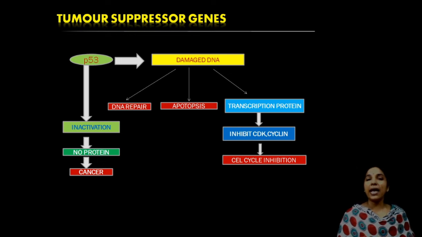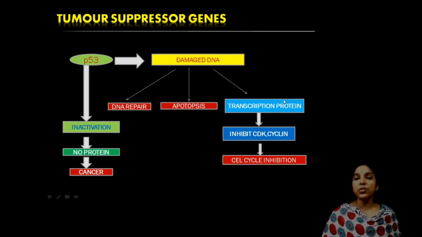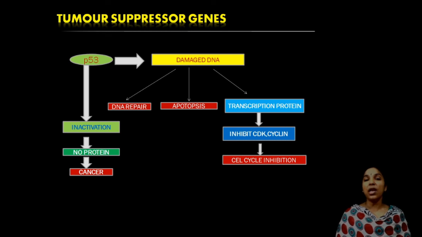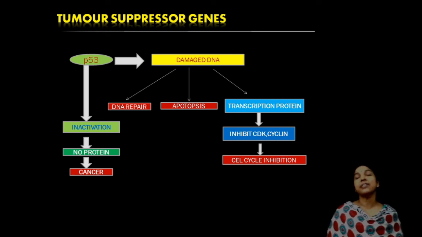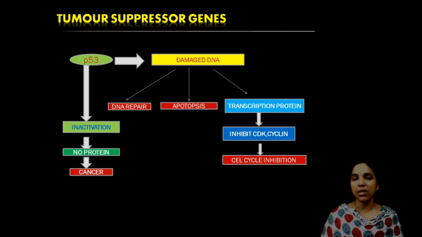And another one is, if this is not possible, the third option is it will produce a transcription protein, and the transcription protein will inhibit the CDK cyclin complex. You studied that. That controls the cell cycle signaling system. So it will inhibit that protein's function, and the cell cycle is inhibited.